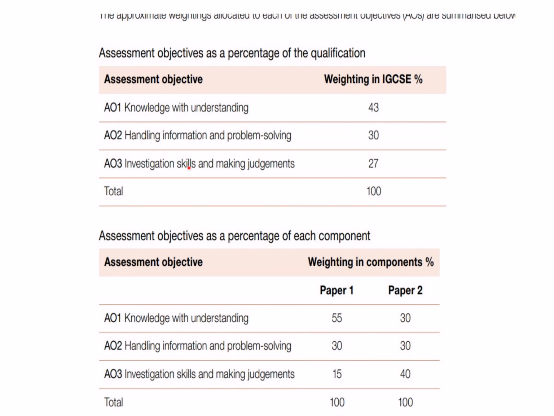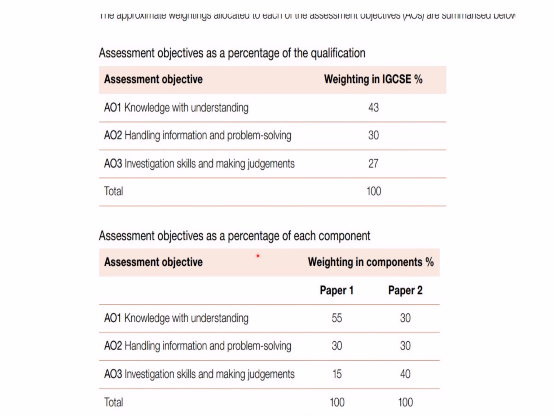Assessment objective 3, investigation skills in making judgments. The weightage for this objective is 27%. This focuses on the practical side: planning experiments, recording observations, and drawing conclusions from lab-style data. So the total weightage from these three objectives is 100%.